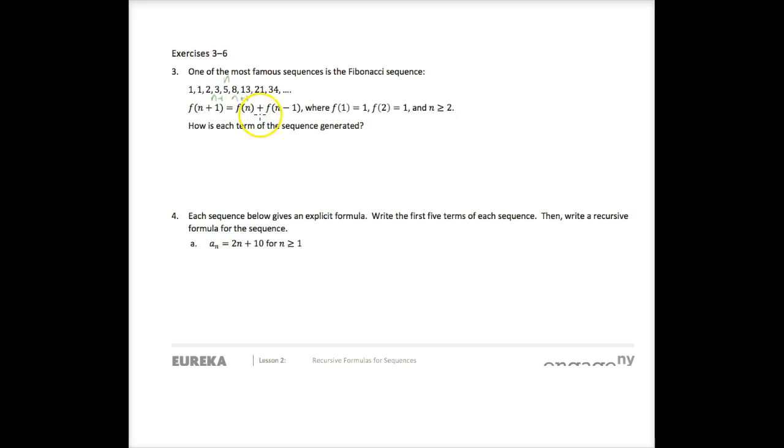And if we want to know n plus 1, the 8, we get it by adding 3 plus 5. So what we did was add the 2 prior terms. Horrible looking question, not really that hard.